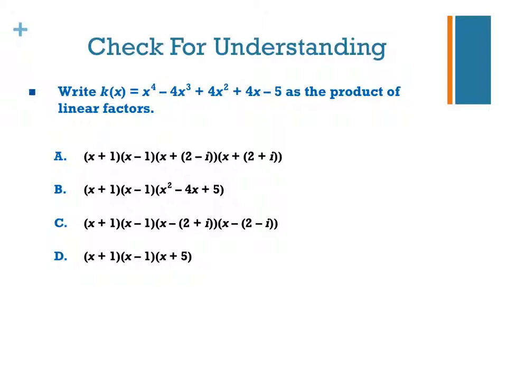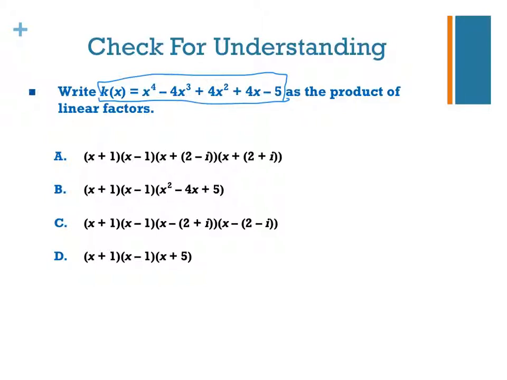Alright, so here we go. Check for understanding. I would like you to write the polynomial function k of x. This time we have a quartic function, or degree 4 polynomial, and I would like you to write it as the product of its linear factors. The way I did it was by graphing this polynomial and picking out what the zeros are on the graph.